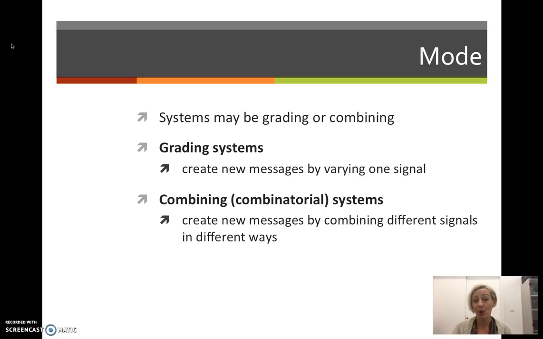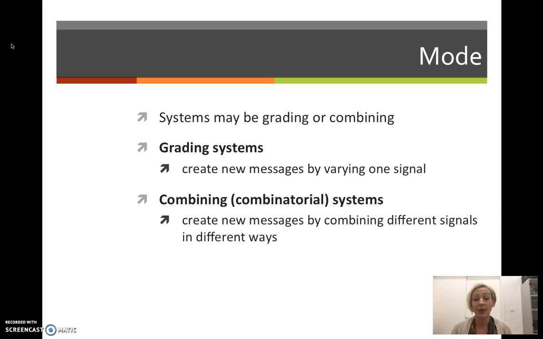So, for example, clapping could be a signal, but then clapping very loudly could mean one thing, and clapping very quietly could mean a different thing. The signal is the same, it's clapping, but it's changed to create a new message.